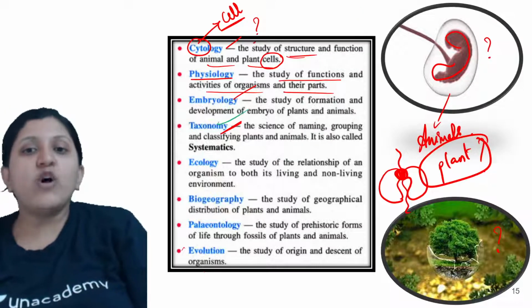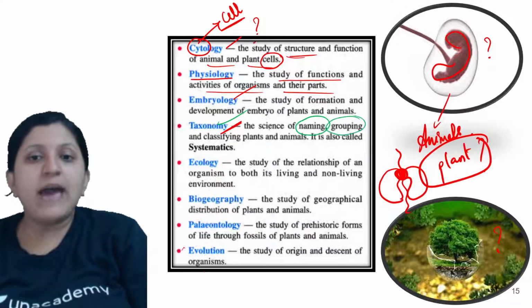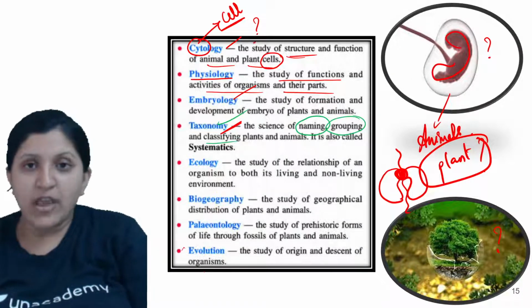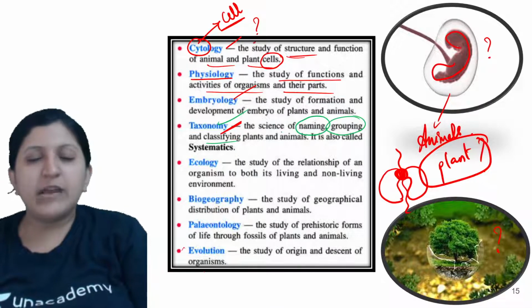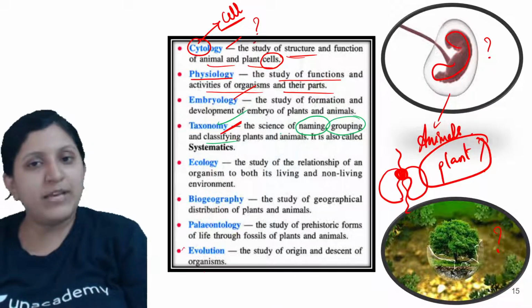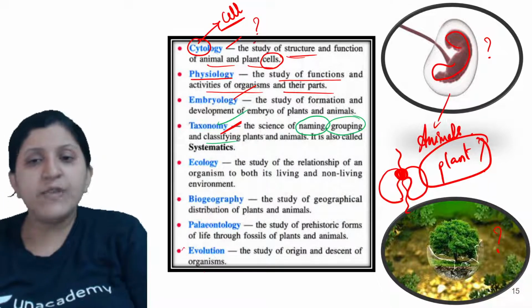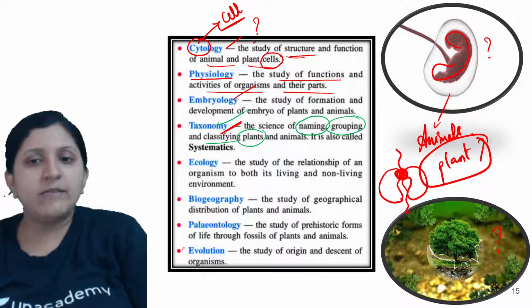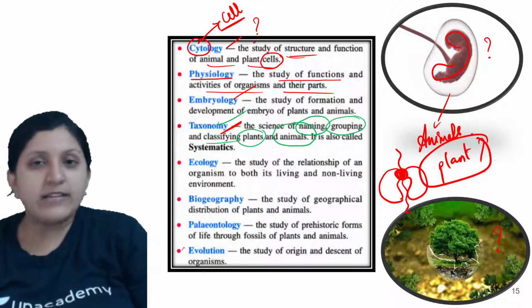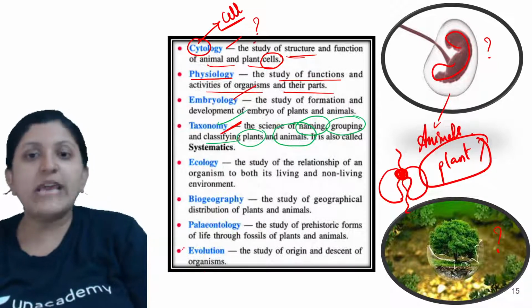Taxonomy is basically naming them, grouping them and classifying them. That is classification itself. The identity I mentioned is basically grouping them into a respective category. Not just plants and animals, every living organism is considered and all of them are classified according to their characteristics.